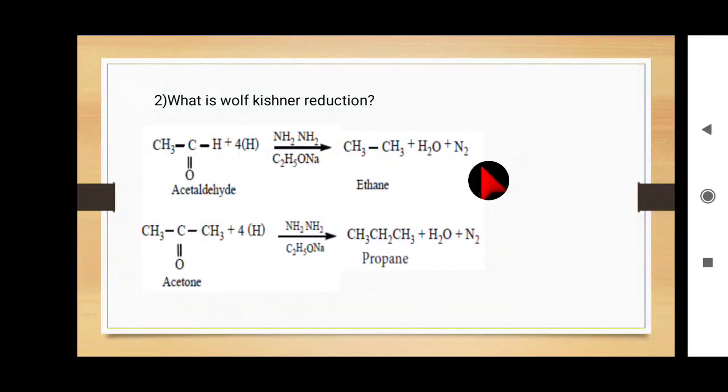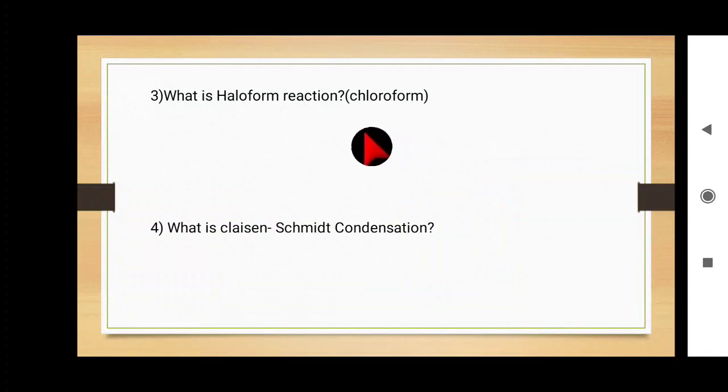Now the third question. What is haloform reaction? Haloform is a general word. Haloform means a halogenated hydrocarbon.